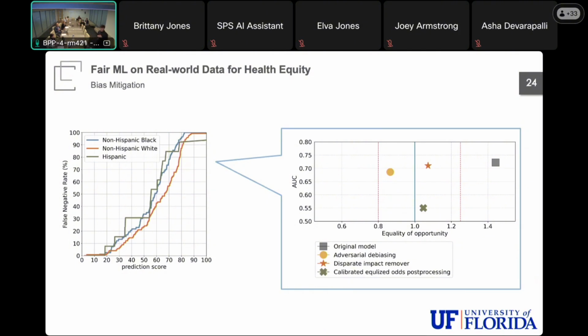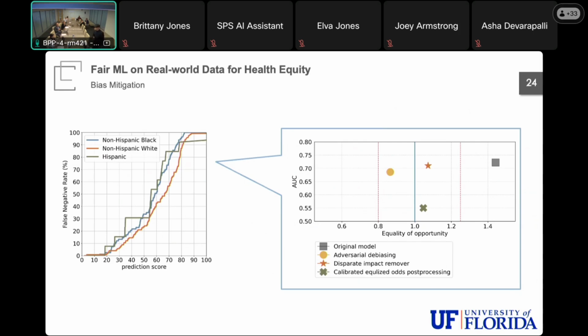And more importantly, we observed that the disparate impact remover, which is a pre-processing mitigation technique, holds the best performance. The AUROC keeps at 0.71, so we have a more fair and accurate prediction model.